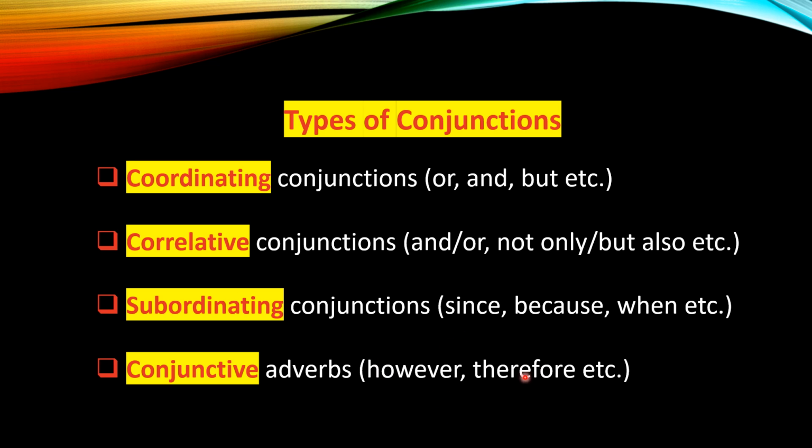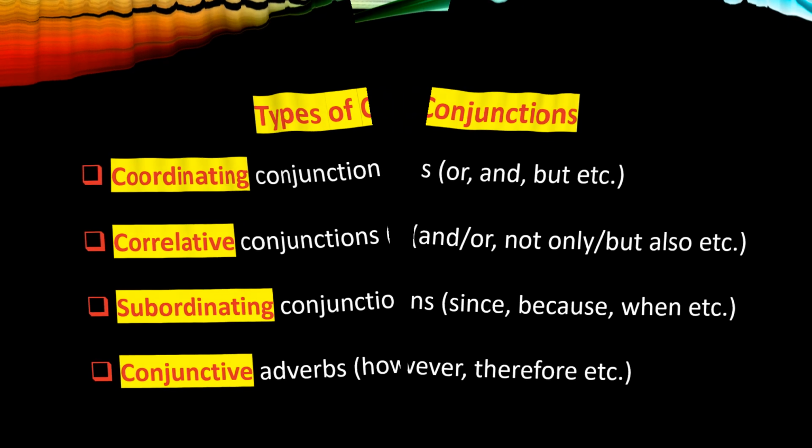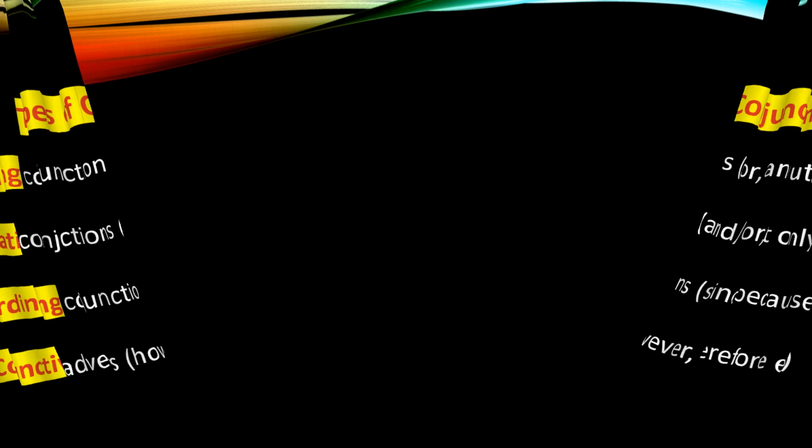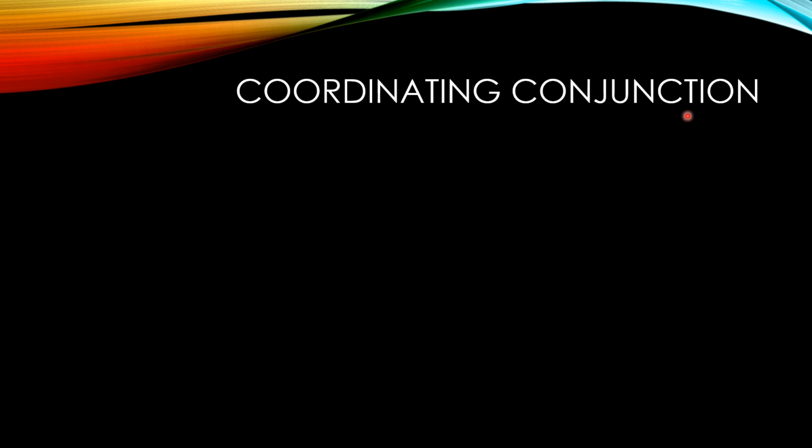Now let's talk about each type of conjunction one by one in detail. Let's start with the coordinating conjunction.